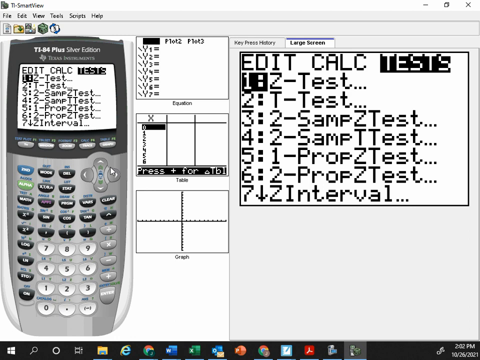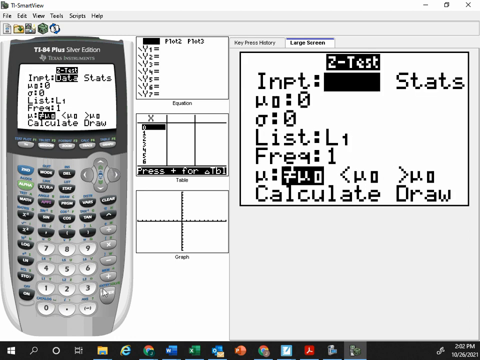What do we want for this problem? This is just a basic z-test. It's not proportions, it's not two-sample. It's just a one-sample z-test. So we're just going to pick z.